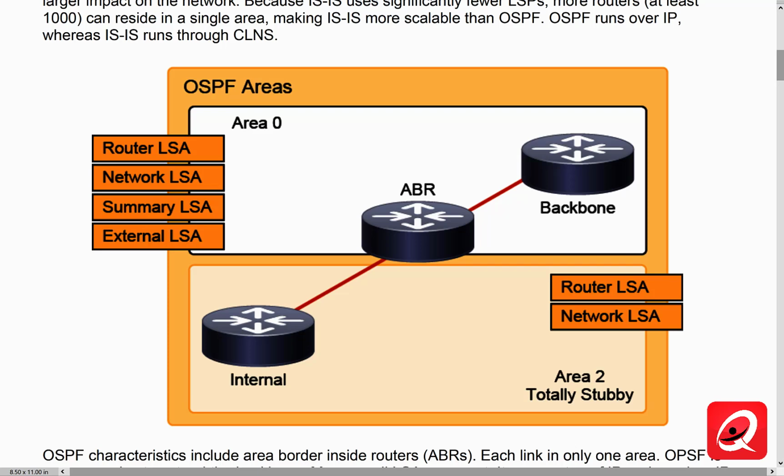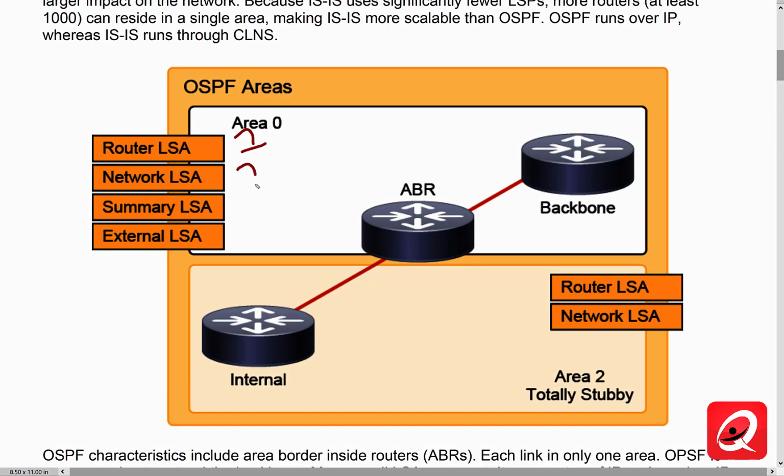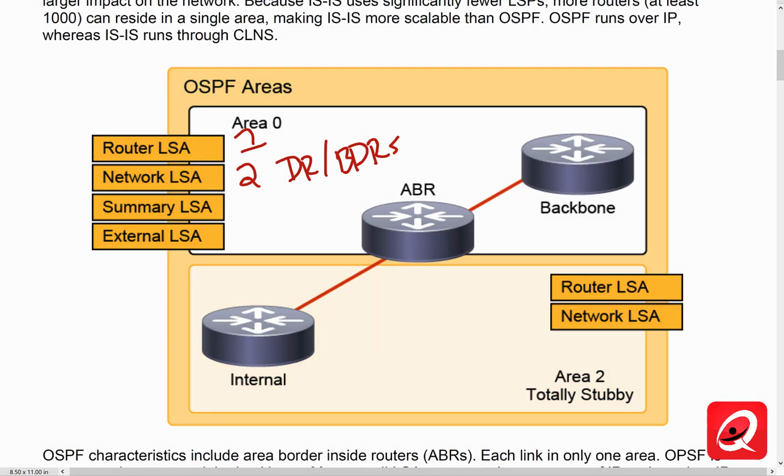These are generated by everybody in OSPF, and they describe the links that that router owns. Network LSAs, these are my type 2 LSAs. These are generated by DRs and BDRs to describe the multi-access network that those routers are responsible for managing.